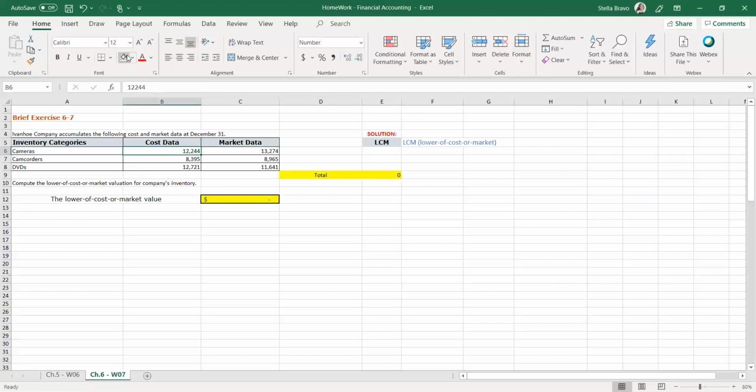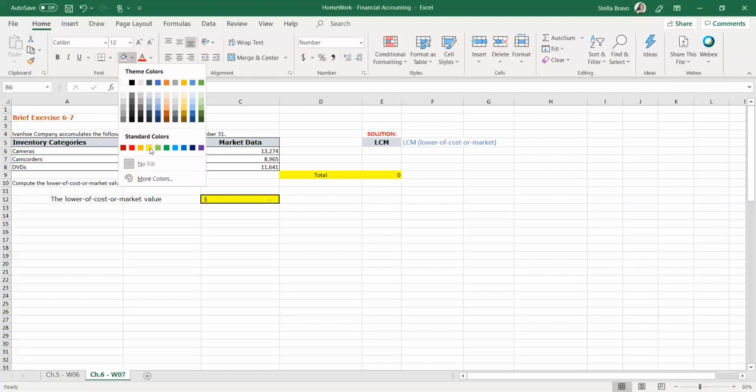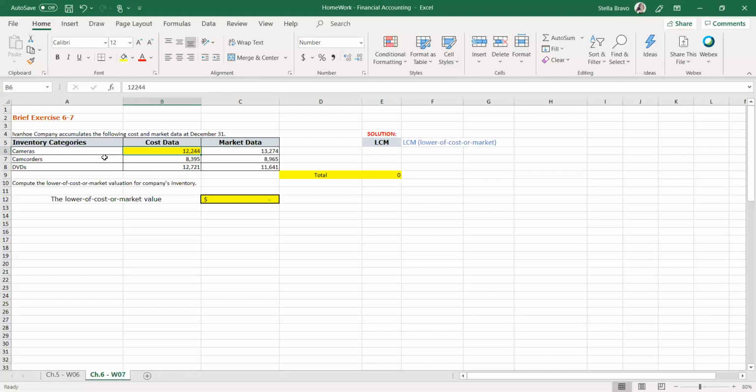So let's identify the lowest. The lowest in the inventory of cameras is that one. The lowest in the inventory of camcorders is that one. And here's the lowest of DVDs. So we can duplicate this amount here as the LCM.